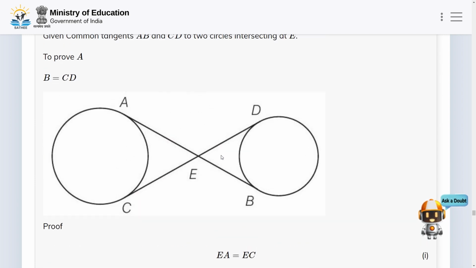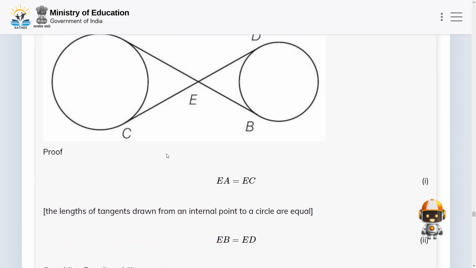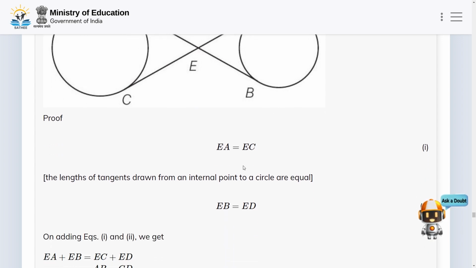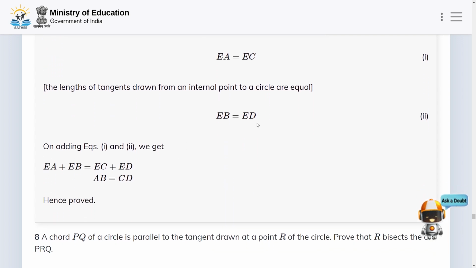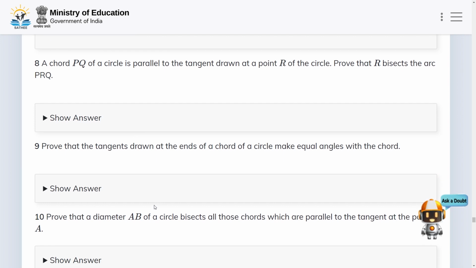Here EA is equal to EC, since the lengths of tangents drawn from an external point to a circle are equal. Now ED is equal to EB, same logic. Adding equations 1 and 2, we get EA plus EB is equal to EC plus ED, and it implies AB is equal to CD. Hence proved. Now let us move to the next problem.